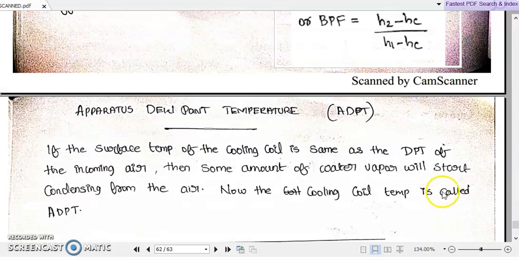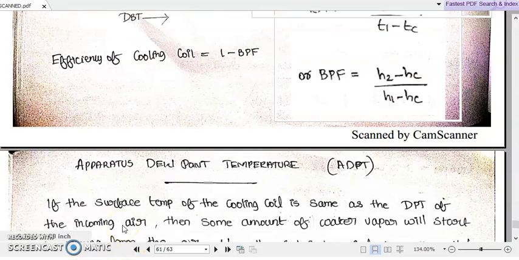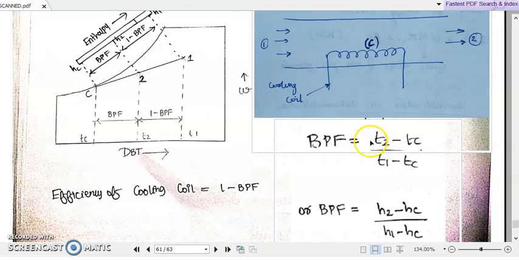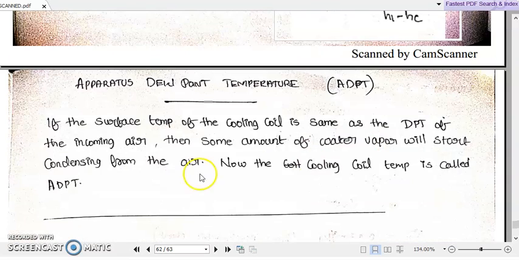Now the cooling coil temperature is called the apparatus dew point temperature. More or less, the surface temperature of the cooling coil C will be set at a very low temperature corresponding to the dew point temperature of the incoming air. That is mainly from the experience of the industries working in this air conditioning field. So that is the case of the bypass factor and the apparatus dew point temperature.